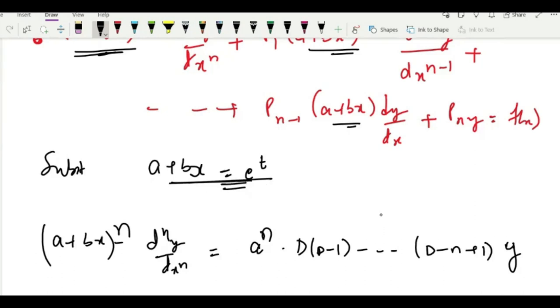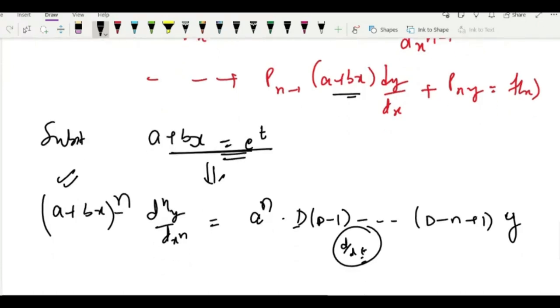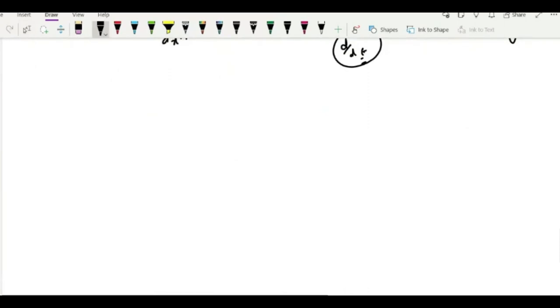This substitution will also convert the differential into this, where D stands for d/dt. Now our independent variable is t here. So let's take an example of this type also.